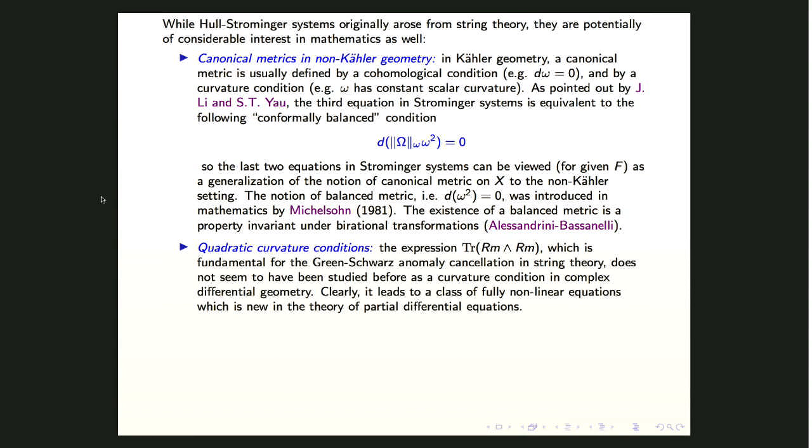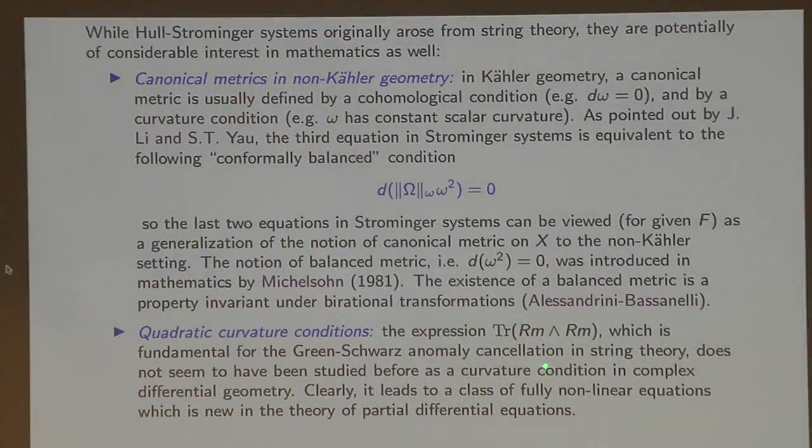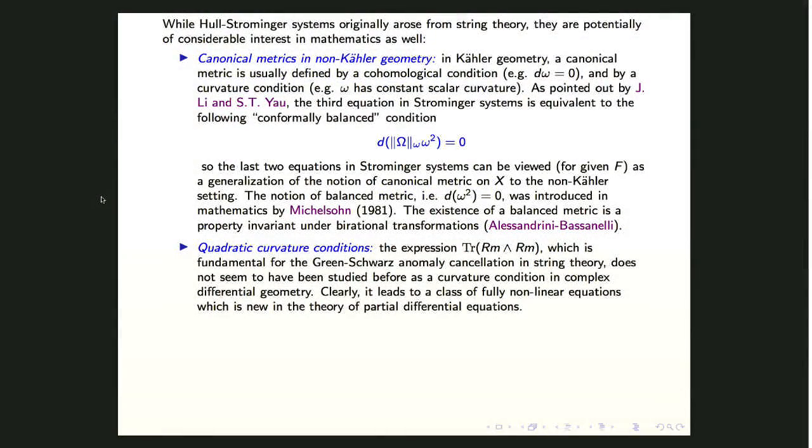Now, the second thing is perhaps more PDE-oriented, as will be most of this talk. It's interesting that we have an equation that involves the square of the curvature. So this, as far as I know, has not been studied as a PDE condition in geometric analysis, and so it's clearly quite interesting from that point of view.